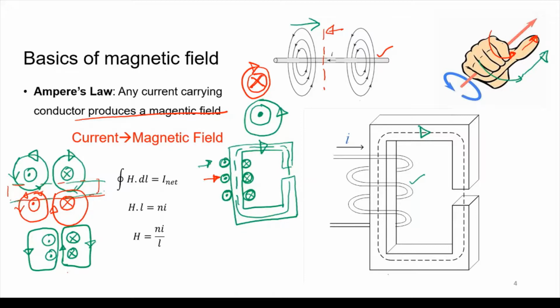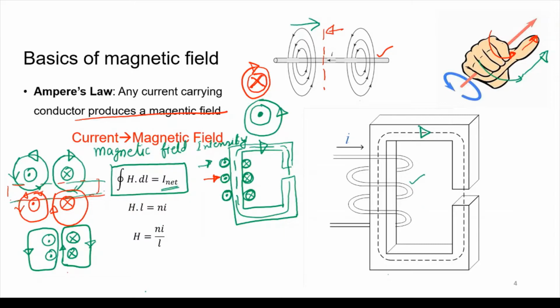After knowing the direction, let us find how to measure the field. We said magnetic field several times, but what is the measure of it? It is given by this equation, where H is the magnetic field intensity and I net is the net current.